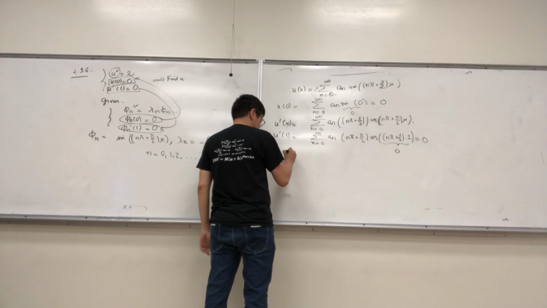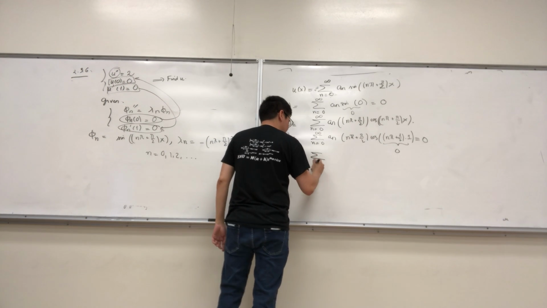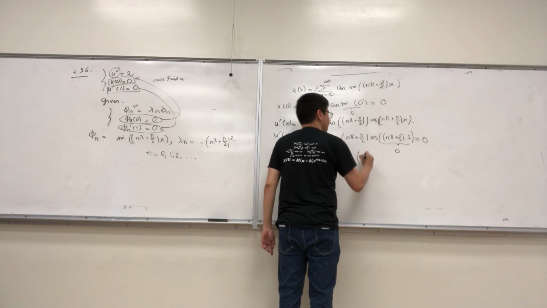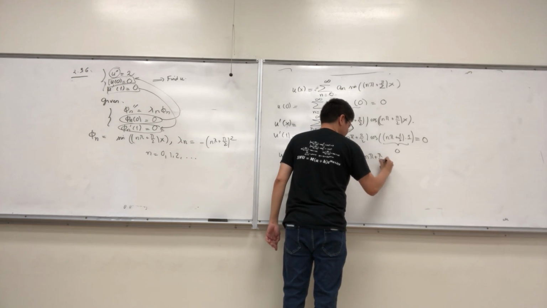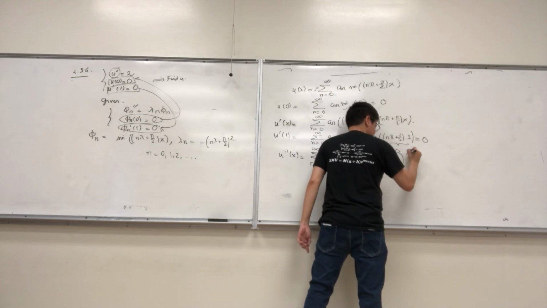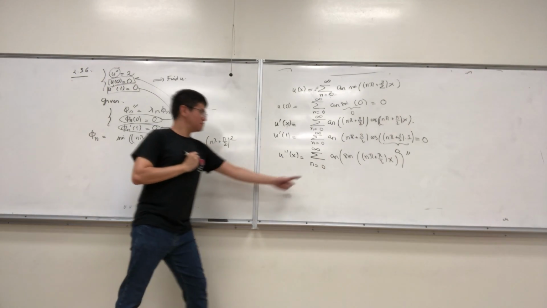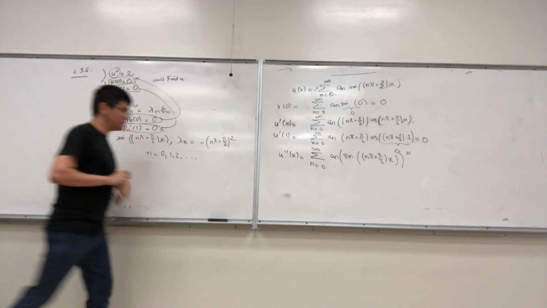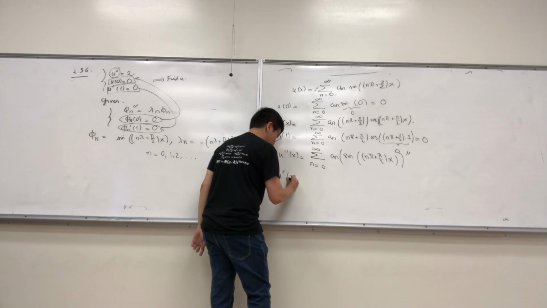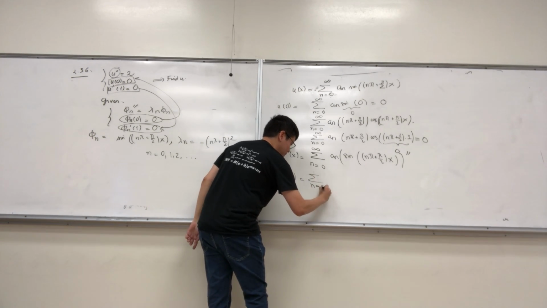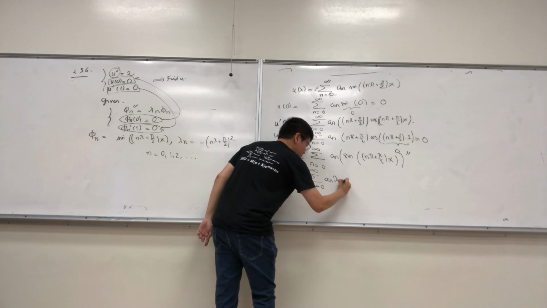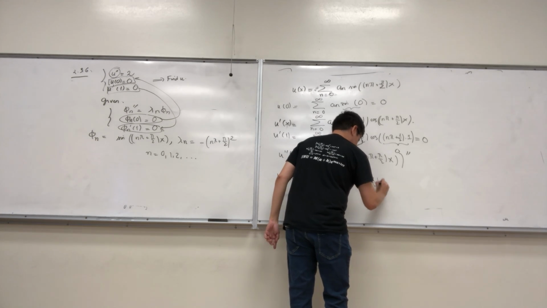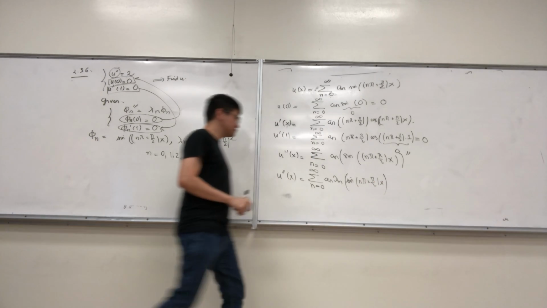So you have u second of x will be the sum when n is going from 0 to infinity, A n sinus of n pi plus pi over 2 x, second. But this satisfies this eigenvalue problem. So basically, what you do is you just have to multiply everything with lambda n. Lambda n of sinus of n pi plus pi over 2 x, right?